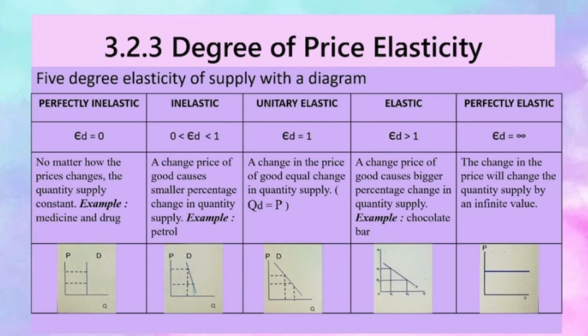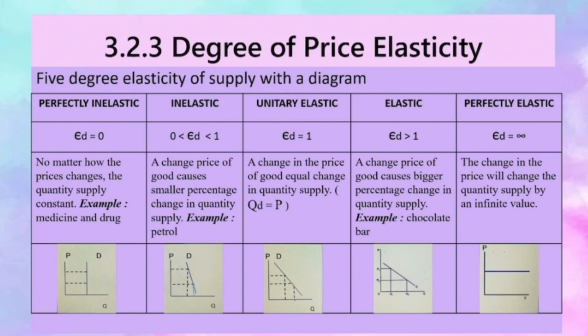The next is inelastic. ES is less than 1 and more than 0. A change in price of a good causes a smaller percentage change in quantity supply. For example, petrol. The percentage change in price from P0 increasing to P1 is larger than the percentage change in quantity supply from Q0 decreasing to Q1.